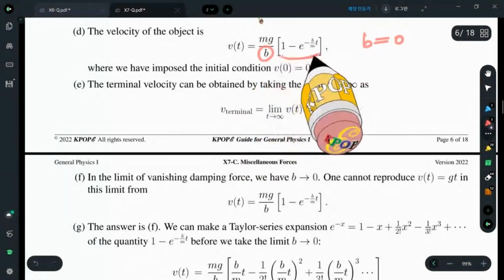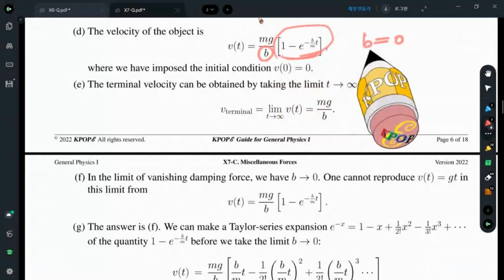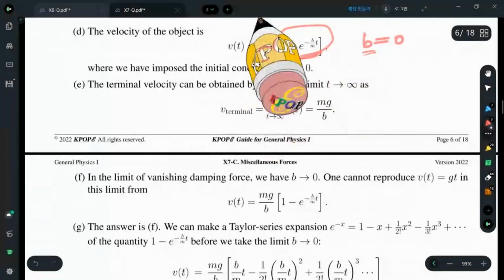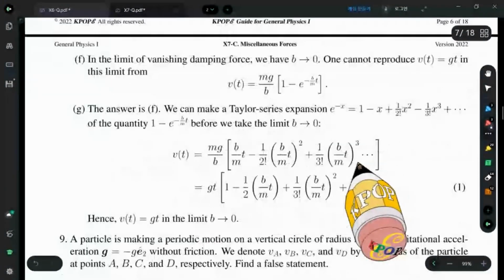However, you will find this one is also proportional to b, and that cancels exactly in the limit as b goes to 0. Let's see.